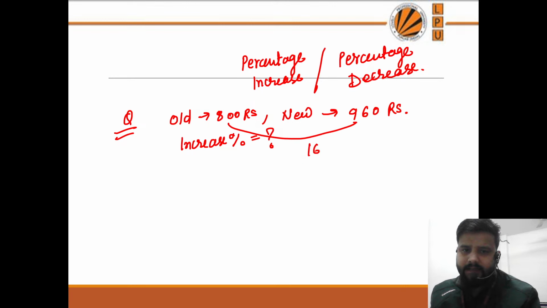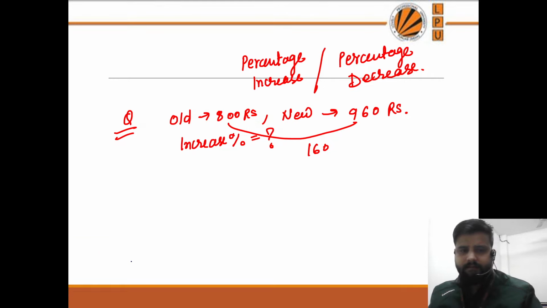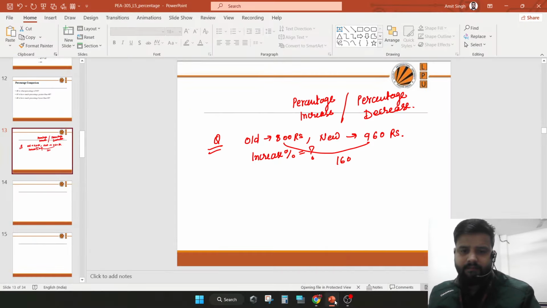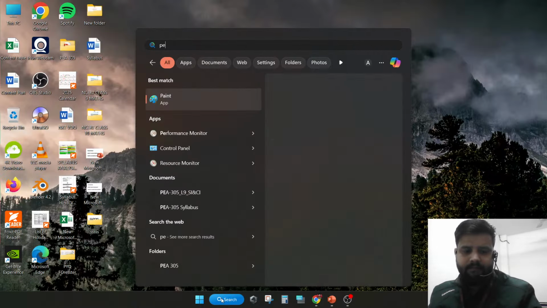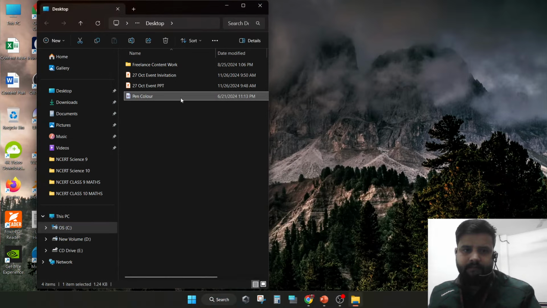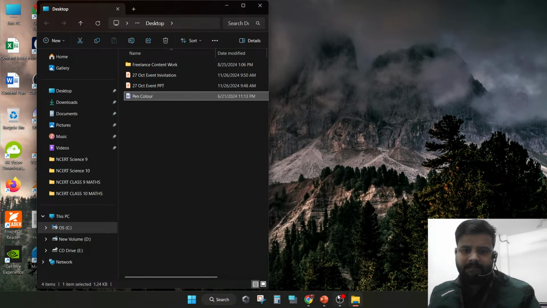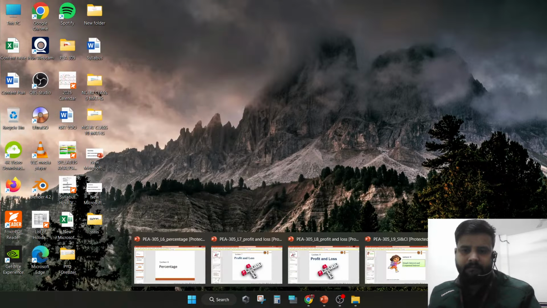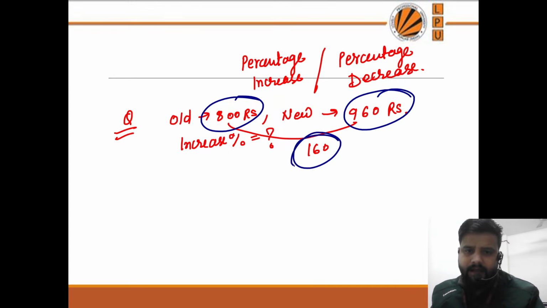Here the increase is 160, isn't it? 800 rupees was the old salary, 960 is the new salary, so there is a clear increase of 160.